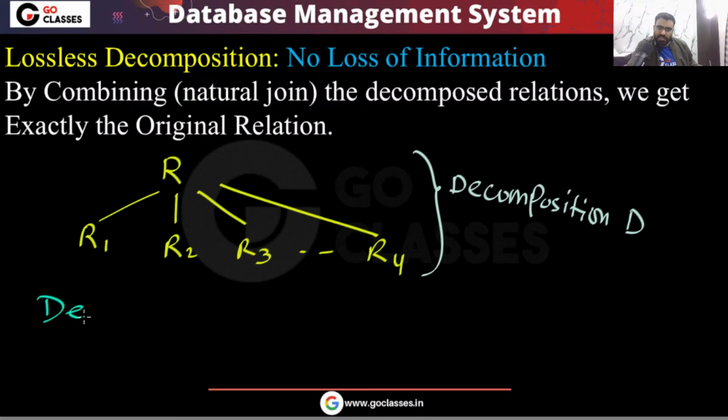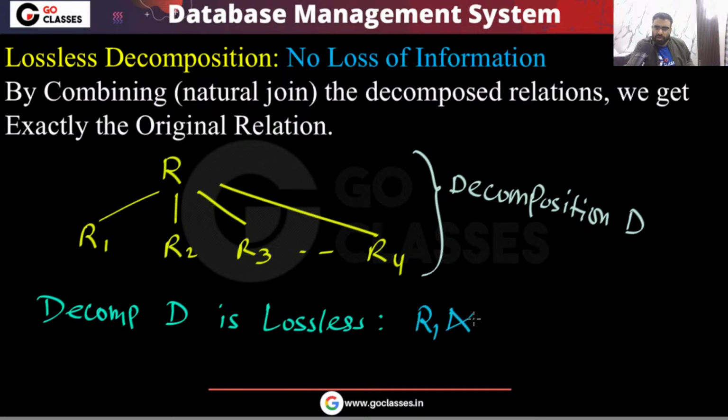I can say this decomposition D is lossless, that means when we do the natural join of all these decomposed relations, then we must get exactly the original relation. So R1 natural join R2 natural join R3 and so on, natural join Rk.